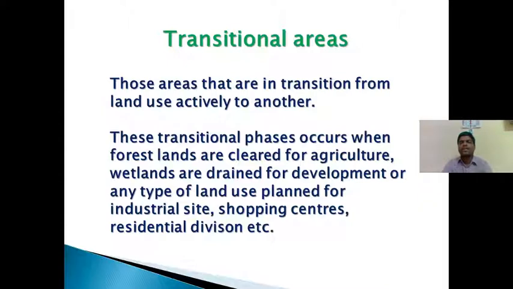These transitional phases occur when forest lands are cleared for agricultural production, or if wetlands are drained for development of any type of land use, industrial use, shopping centers, or residential divisions. And these all five are types of barren lands.